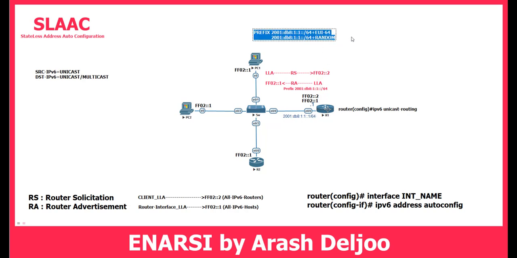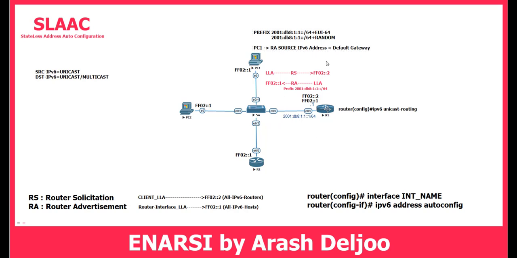Because of that, all of the devices such as PC1 can use the source IPv6 address of the RA as their default gateway. The RA source IPv6 address is the default gateway or default router for devices inside this network. So easy.